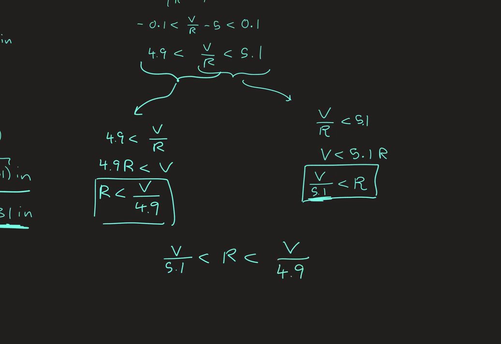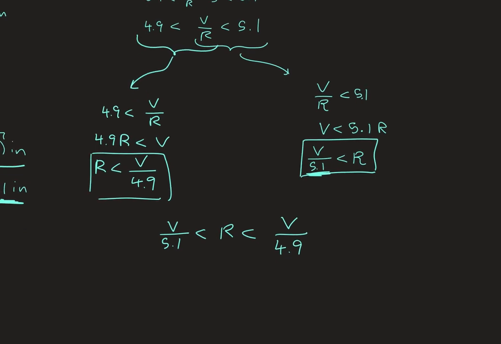But we are given this voltage right here. We are given this voltage that is given to be 120 volts. So this is an ohm, and that would be volts divided by amperes. It's less than R, which is less than 120 divided by 4.9 ohms.